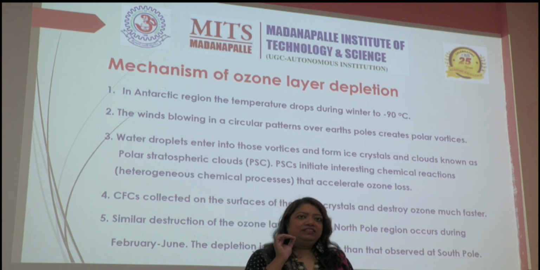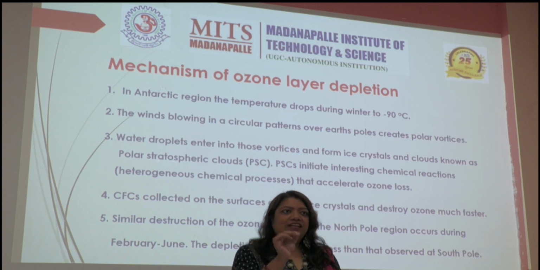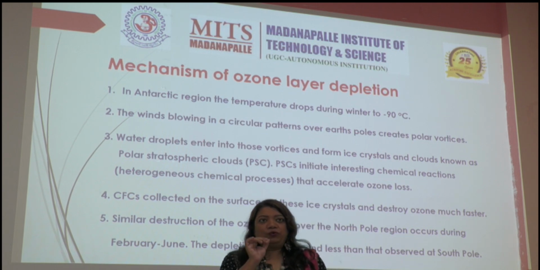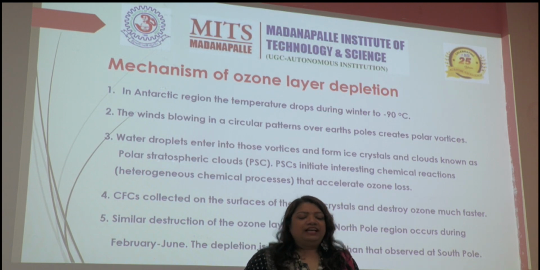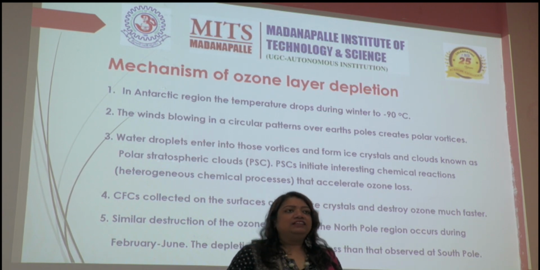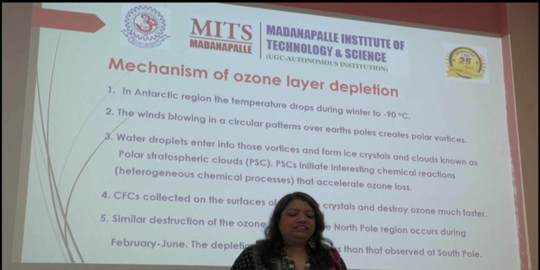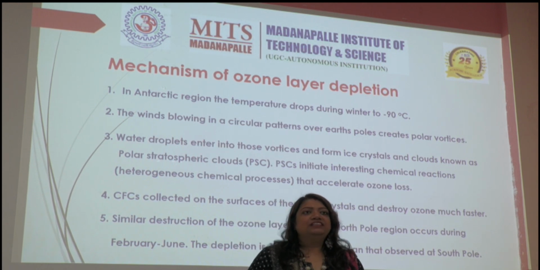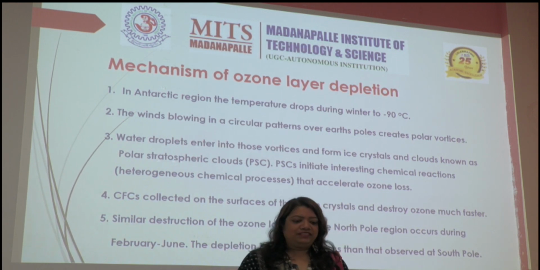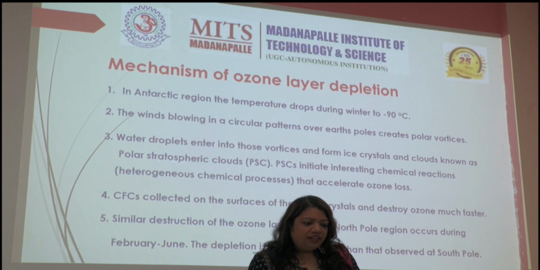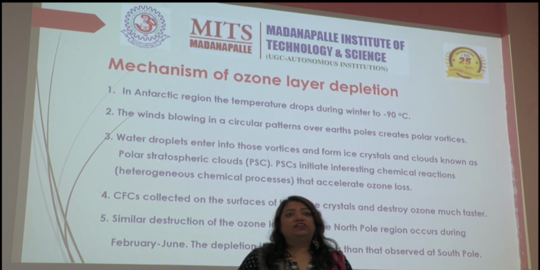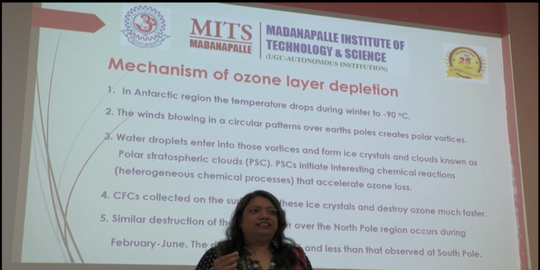Okay, and now these chlorofluorocarbons get stuck in these polar stratospheric clouds, and they start an interesting heterogeneous reaction, and this reaction is basically the main cause of ozone layer depletion. This CFC, collected on the surfaces of the ice crystals, destroys the ozone layer much faster than normal CFC does.